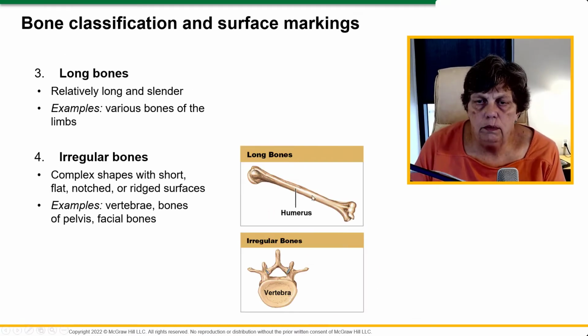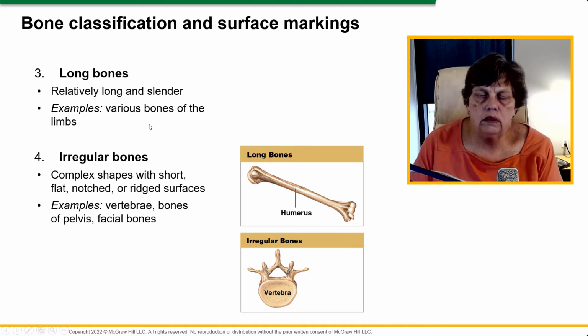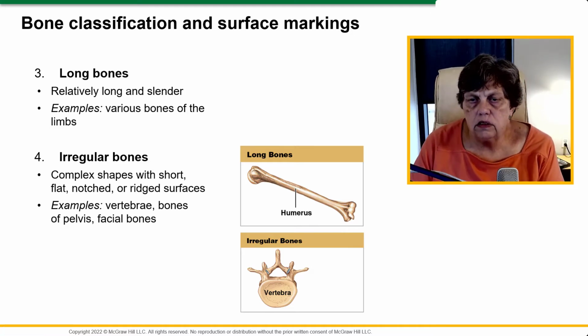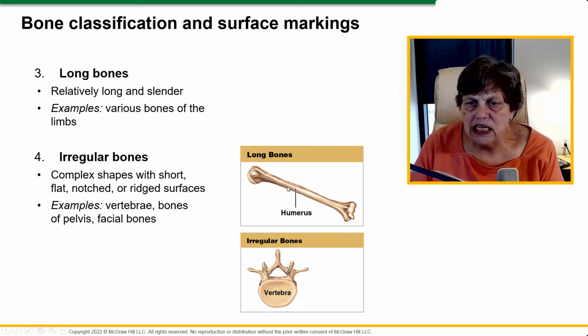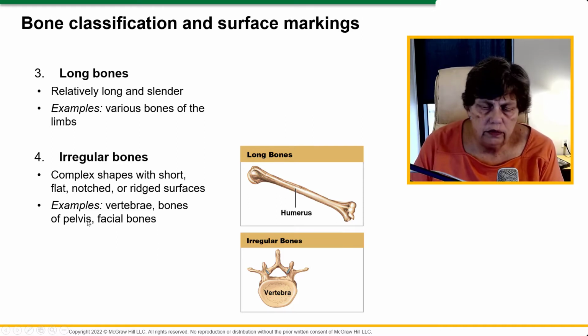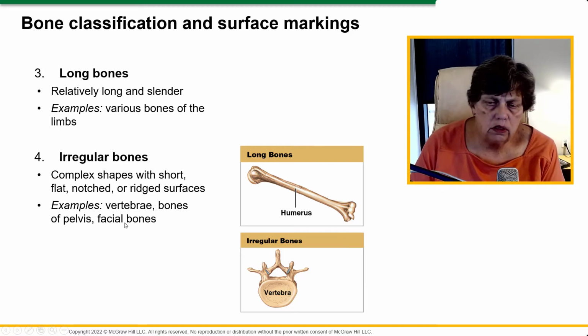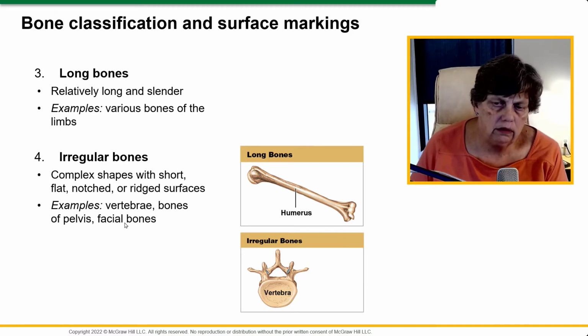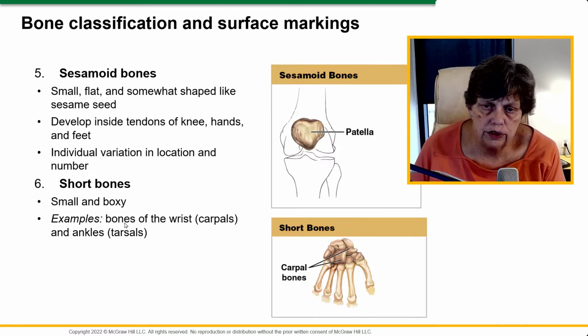Then we have the long bones, our arms, our legs. These are relatively slender. And then we have the irregular bones, which are all kinds of different shapes again: the vertebrae, the bones of the pelvis, and the facial bones. These are very complex, irregular shapes.